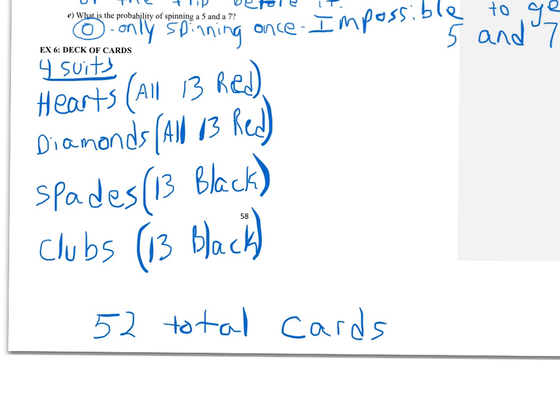Now, let's draw a picture, and hopefully your pictures are going to be better than mine on this iPad. Hearts, pretty simple to draw. A heart. That's what they look like on the card. Diamonds, also pretty simple. Remember, these are red. Now, a spade gets a little more difficult to draw. Just watch how I do this and then you can get it down. It's kind of an upside down heart.